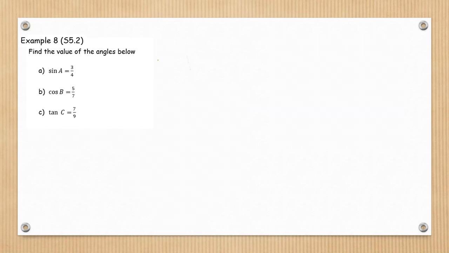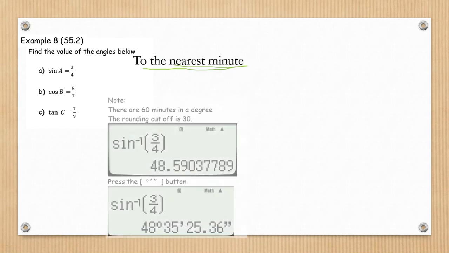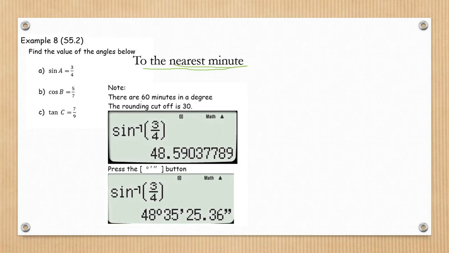For the shifty ones, okay, we're going to round it to the nearest minute. So there are 60 minutes in 1 degree. So if we zoomed in on a degree, there'd be 60 little gaps in between. So when we have sine A equals 3/4, we get 48.59.